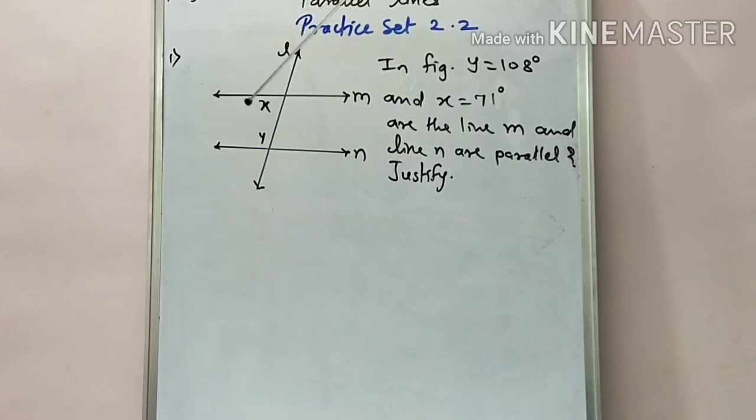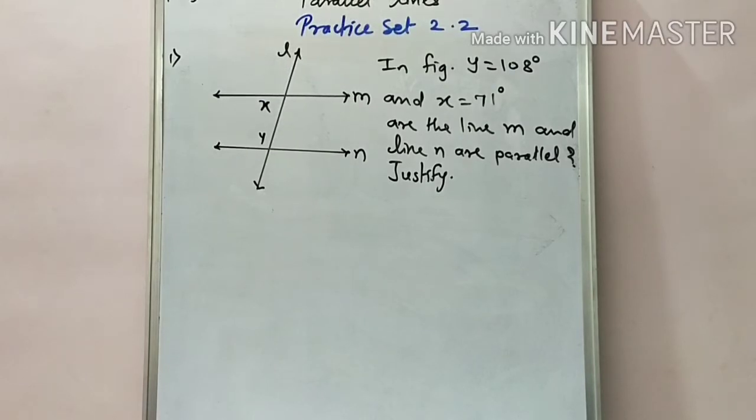So in practice set 2.2, the first question is, in the figure it is given that y is equal to 108 degrees and angle x is 71 degrees. The question is, are line M and line N parallel to each other? Justify your answer. So what we notice here, students, is that angle x and angle y are what?